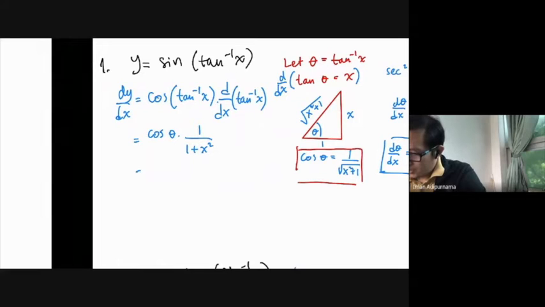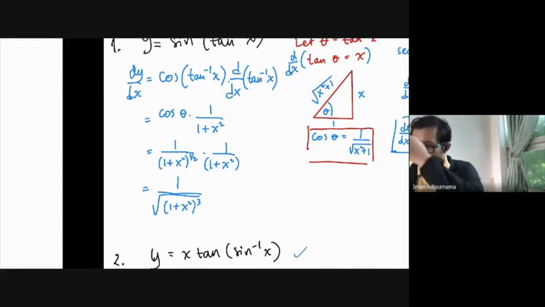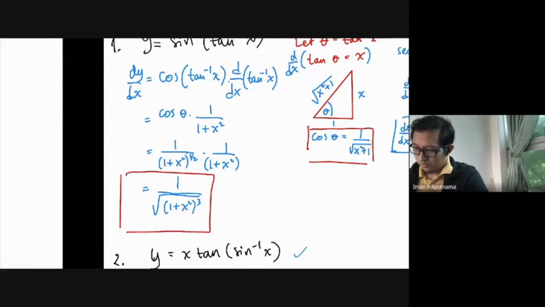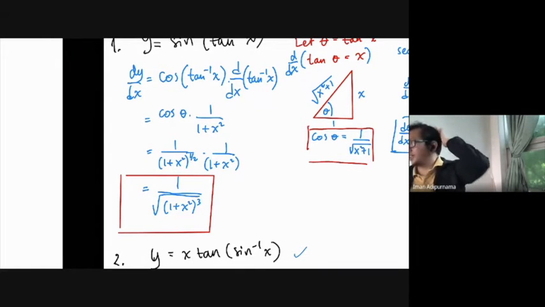So we change the cos theta here. Let me change to half. And we can write this as, so that's the answer for number 1.